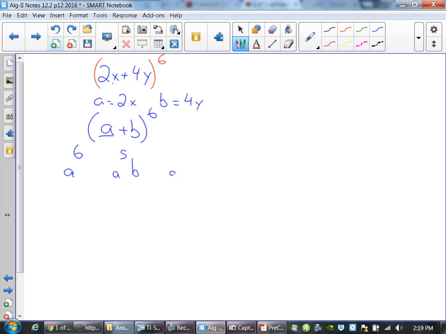The next one is A to the 4th and B to the 2nd, because all of my exponents, when I put them together, are always going to add up to equal whatever my nth power is. Always. Next one, A to the 3rd, B to the 4th, A squared, B to the 5th. No, it's B to the third. Oh, I can't count.